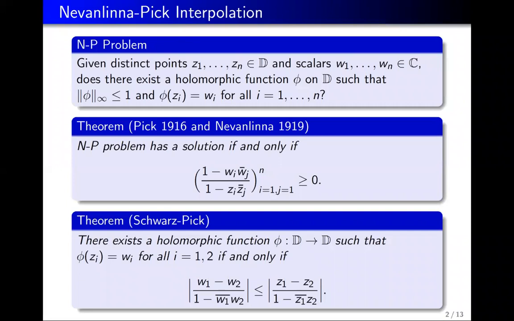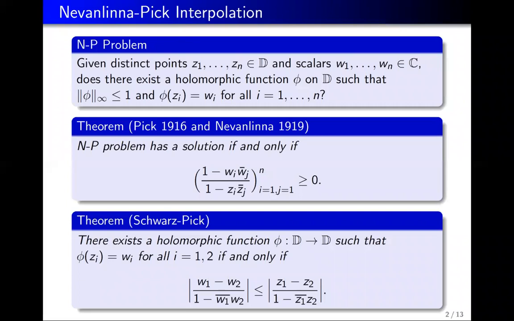A holomorphic function from disk to disk which fixes the origin always satisfies the inequality that modulus of phi(z) is less than or equal to modulus of z. That is well known.